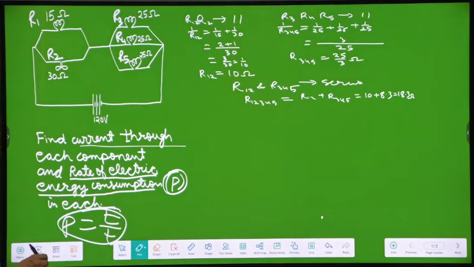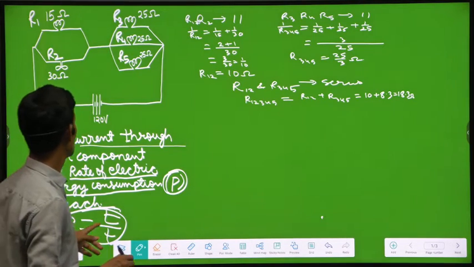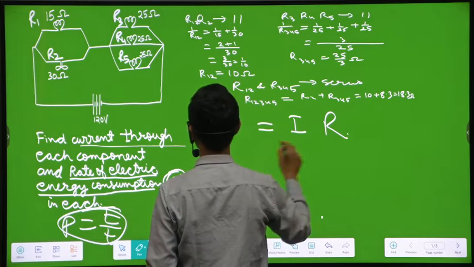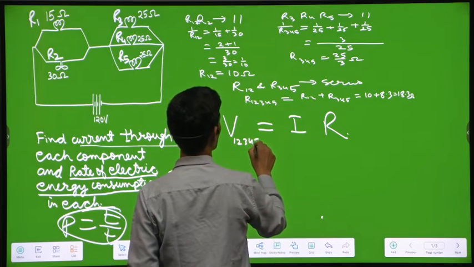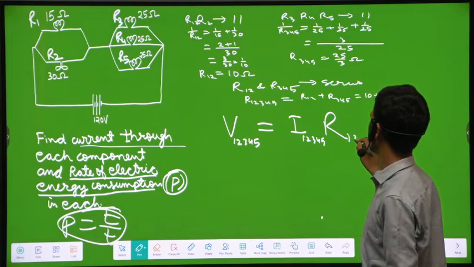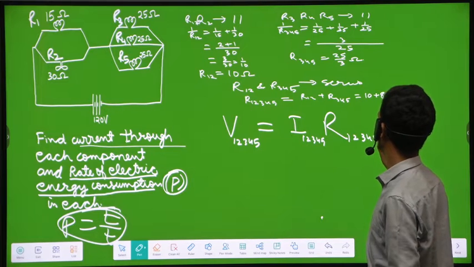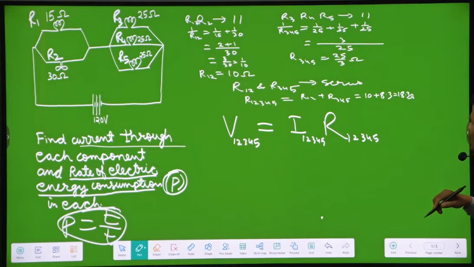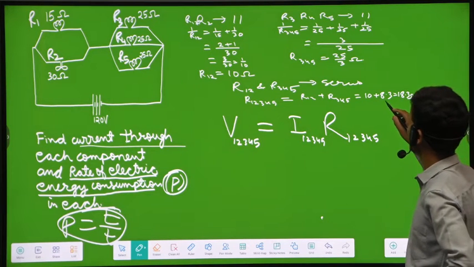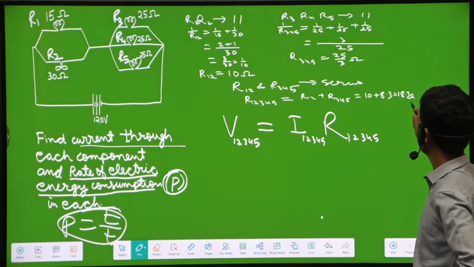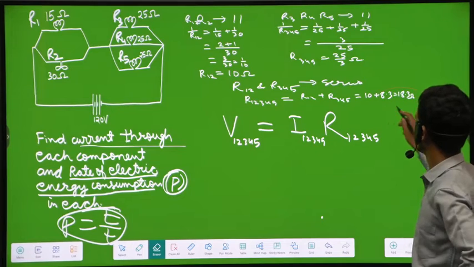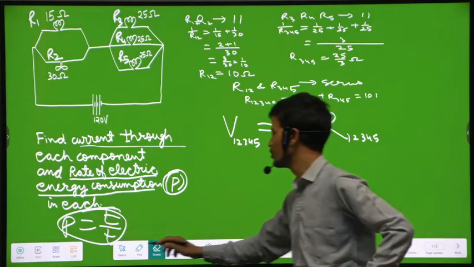So how are we going to do that? V equal to IR: V12345 for the entire circuit, I12345 for the entire circuit, and R12345. This won't work, I guess. So we have to use that fractional form. Otherwise, it will be worse. So horrible it will be.